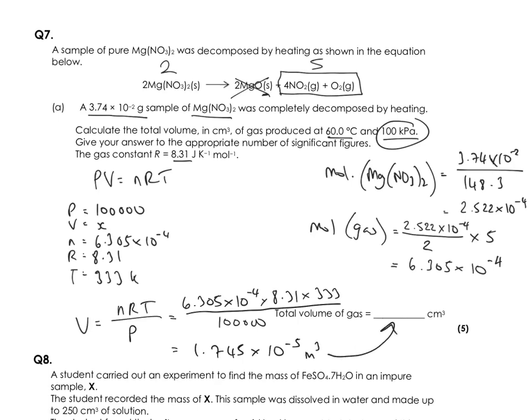To convert that into centimetres cubed, you have to multiply by 1,000,000, which is the same as multiplying by 10 to the power 6. And that gives you as your final answer 17.5 centimetres cubed.